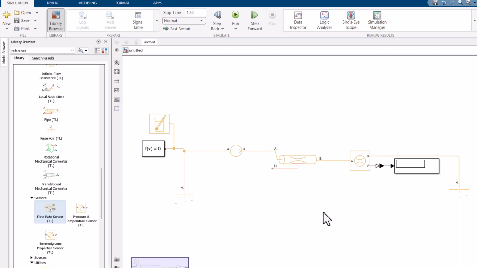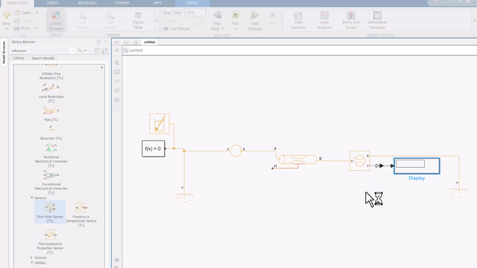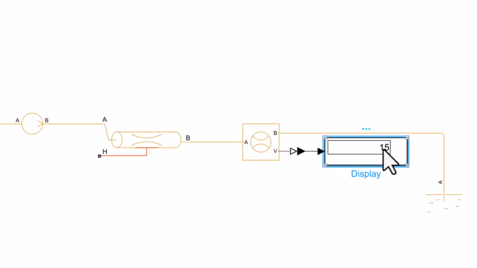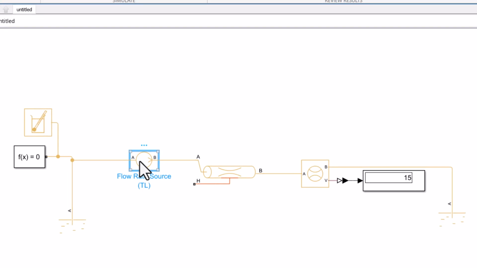I'm pretty sure that the result is going to be 15 cubic meters per hour. And you see, that's right. But the question is, this flow rate source, which is going to transmit 15 cubic meters per hour, what is the differential pressure of this pump?